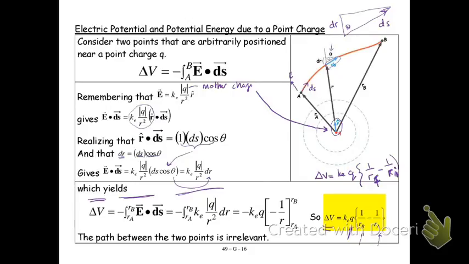Let's think back about our equations. We had that Fe is equal to KEQq over R squared. And we had that E is equal to KEQ over R squared.